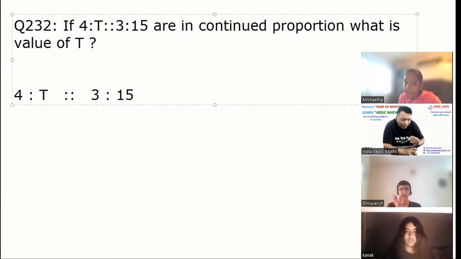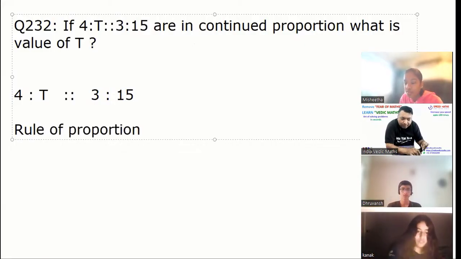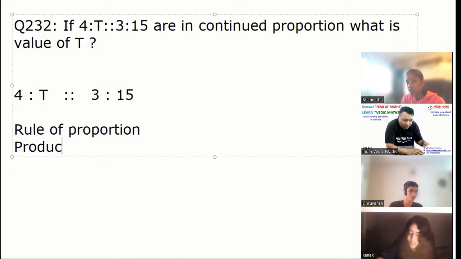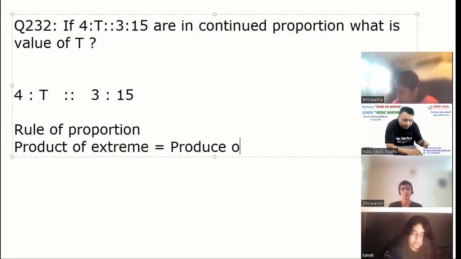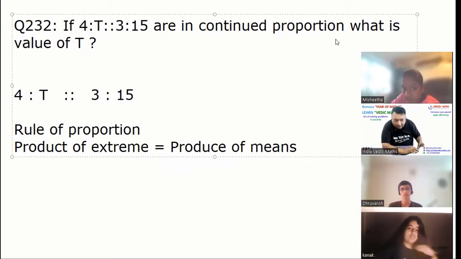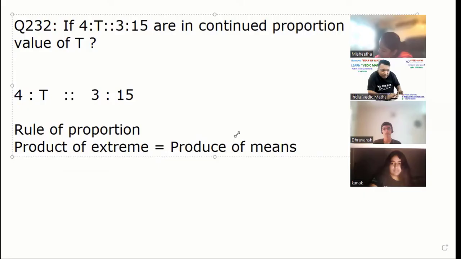What is the rule of proportion? Remember, we talked about it. Product of extremes equal to product of means.